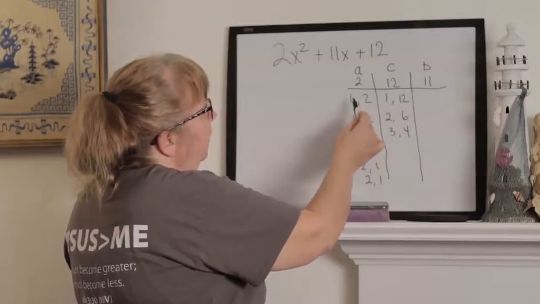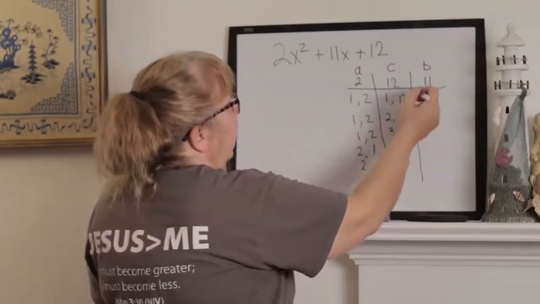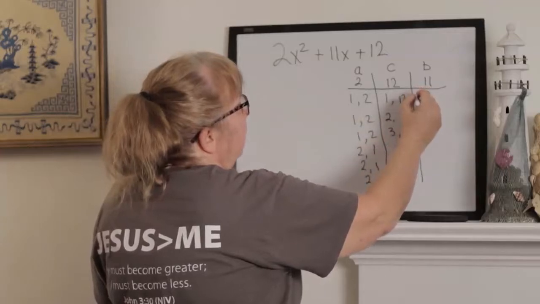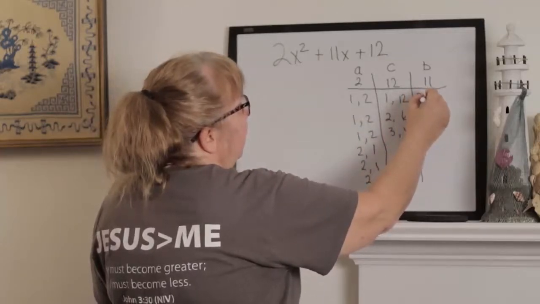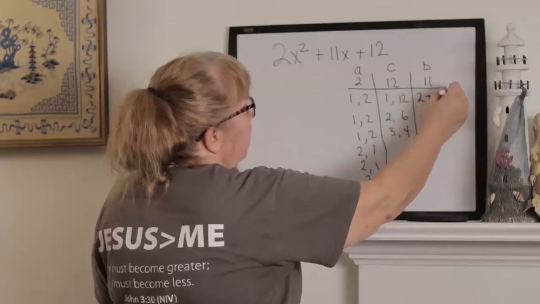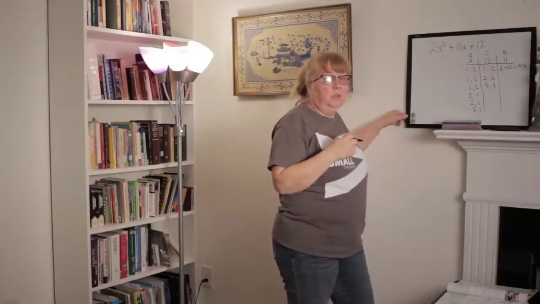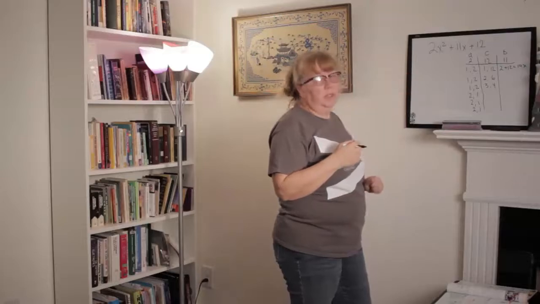So they want you to multiply the 2 times the 1 and the 1 times the 12, and that will give you 2 times 1 plus 1 times 12, which is 14, so that clearly is the wrong answer. They want you to keep going until you get done and find the right answer.